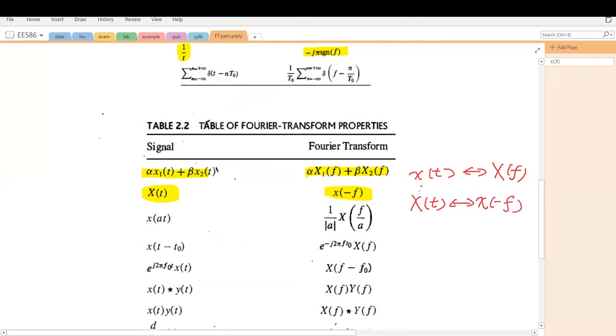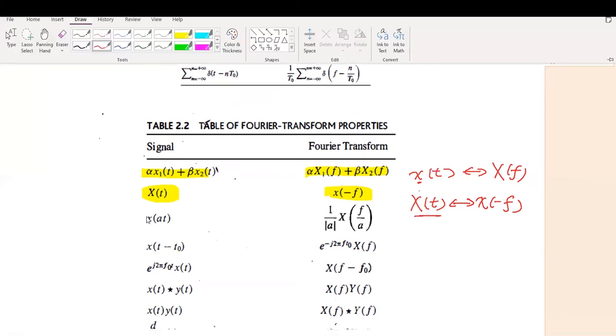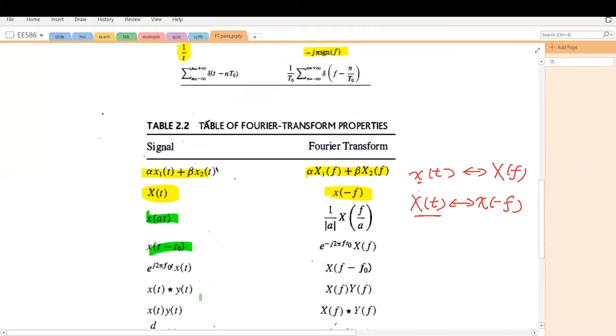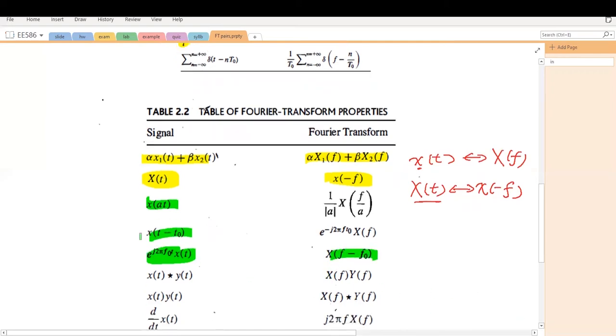So the time domain function is replaced by minus f, and you obtain the Fourier transform of big X of t. Scaling property in the time domain, we talked about time shift, the complex exponential multiplied by x of t is frequency shift. And you can see this pair is duality here.